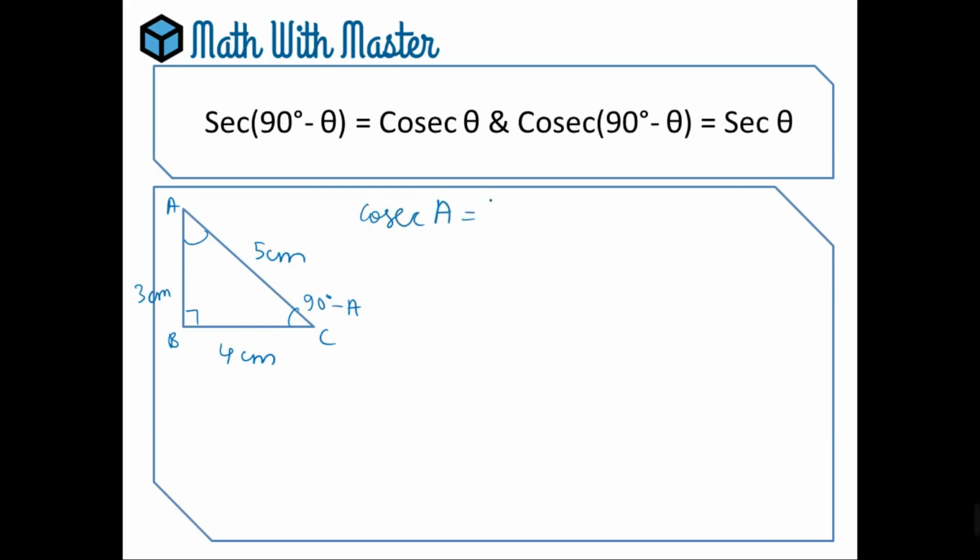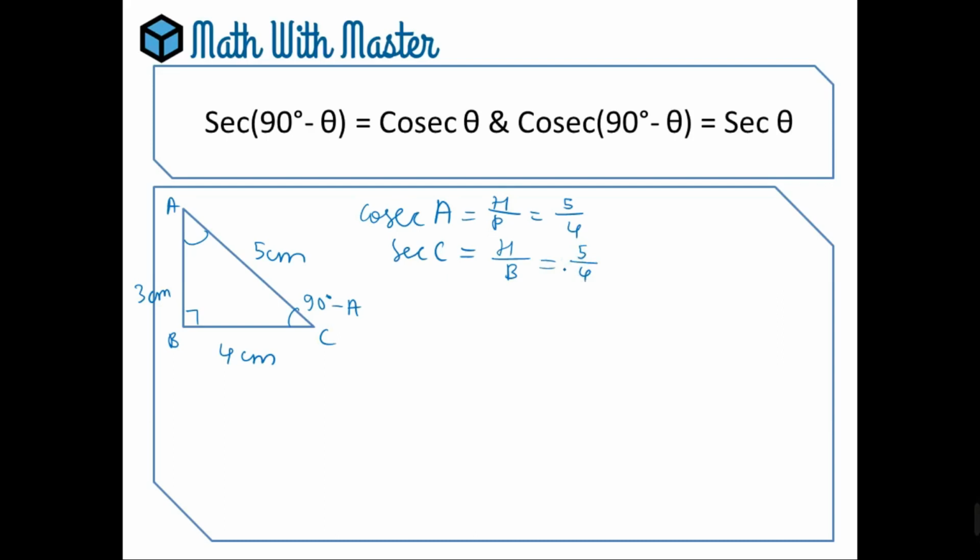Cosec A is hypotenuse upon perpendicular, which is 5 by 4, and sec C is hypotenuse upon base, which is equal to 5 by 4.